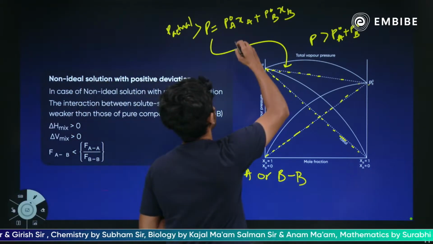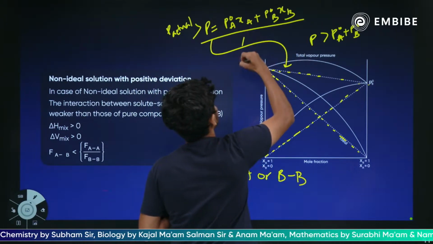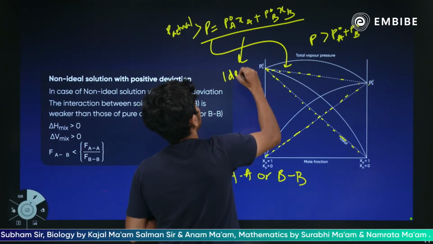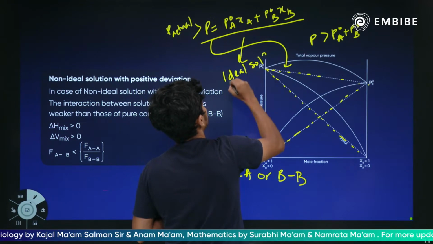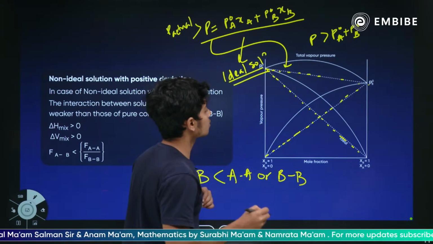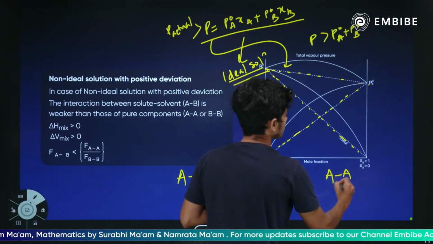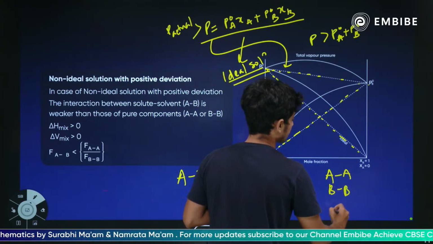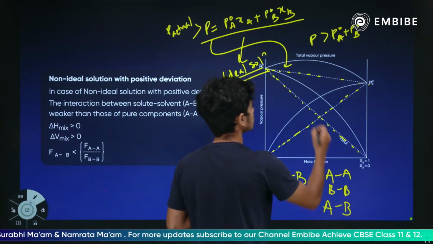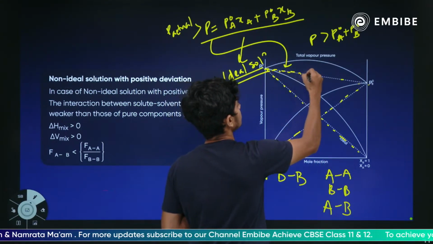Again, this equation is for your ideal solution. If AA and BB mixed and formed an AB which was an ideal solution, you would have got this line.